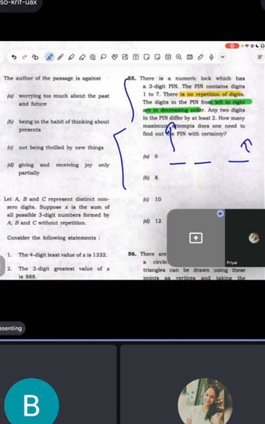Because left is the higher number, and right side is the lower value. And more, a minimum gap of two will be there between the two numbers, at least two. It means there can be more than two also, but minimum two should be the gap. I'm repeating, minimum two should be there. Okay guys, no problem. Let's solve this question.